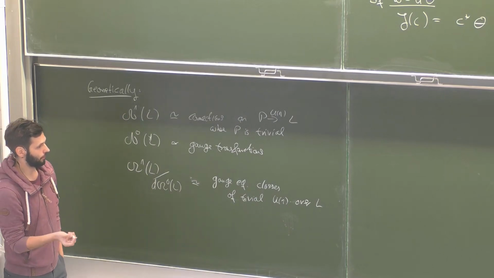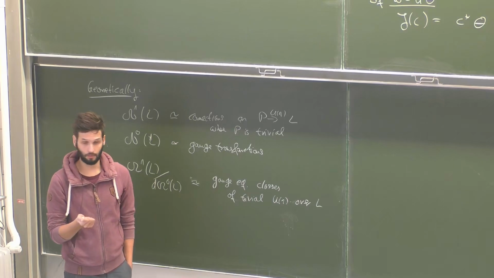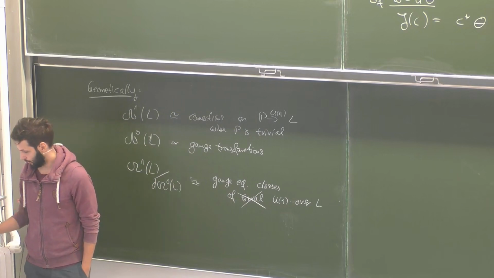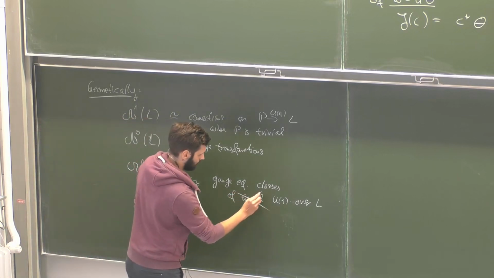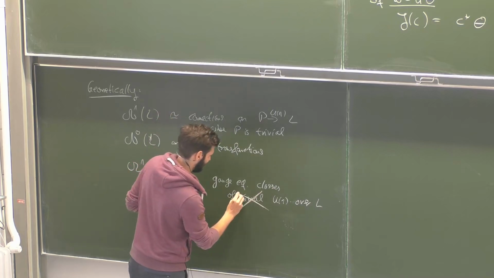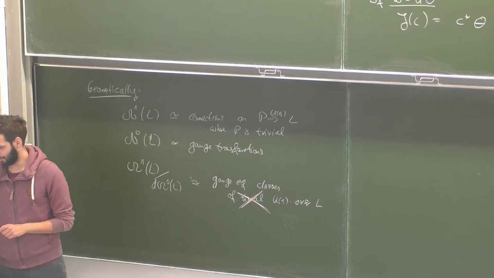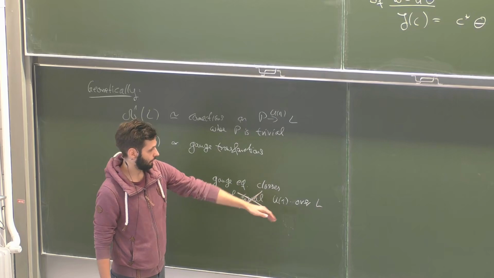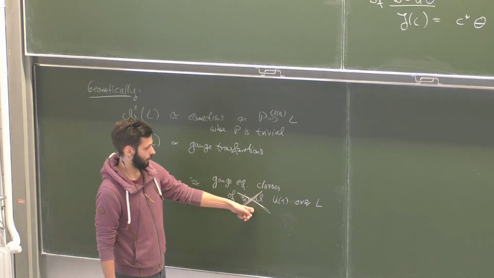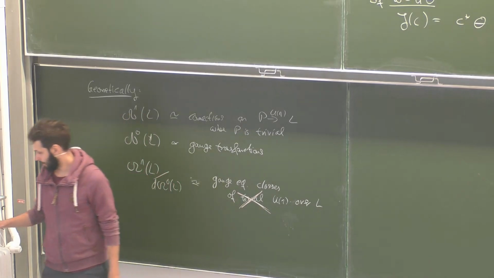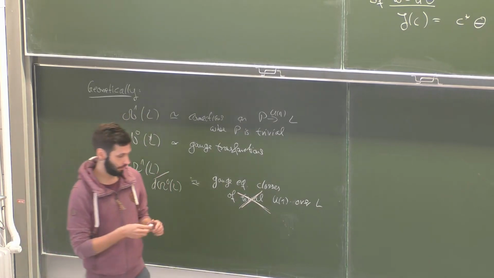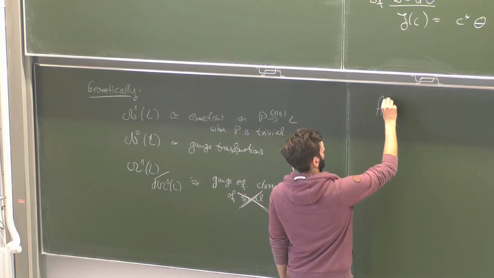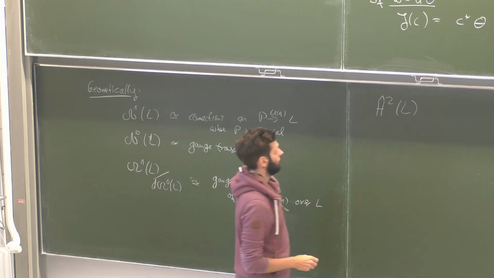And now, of course, there's a natural candidate. What you can do is try to drop the triviality, and instead of looking at the equivalence classes of connections on a principal bundle over L that are defined on a trivial one, we consider all of them. And that space is usually called the Chern-Simons differential character space. Depending on your conventions, it's denoted by H hat.